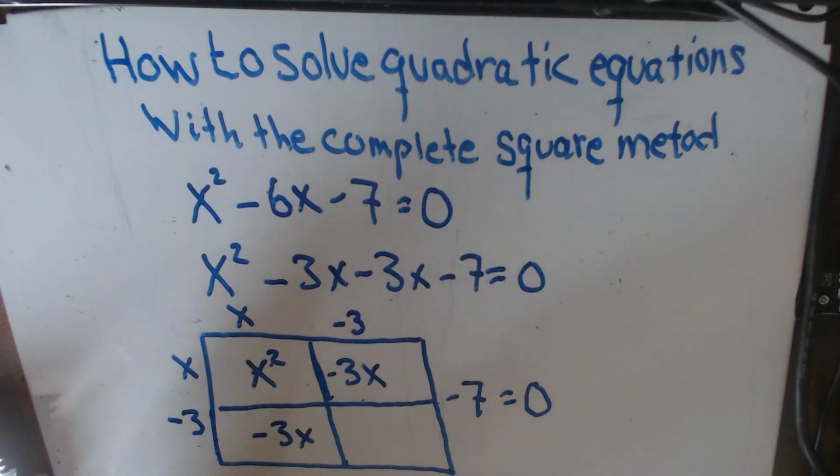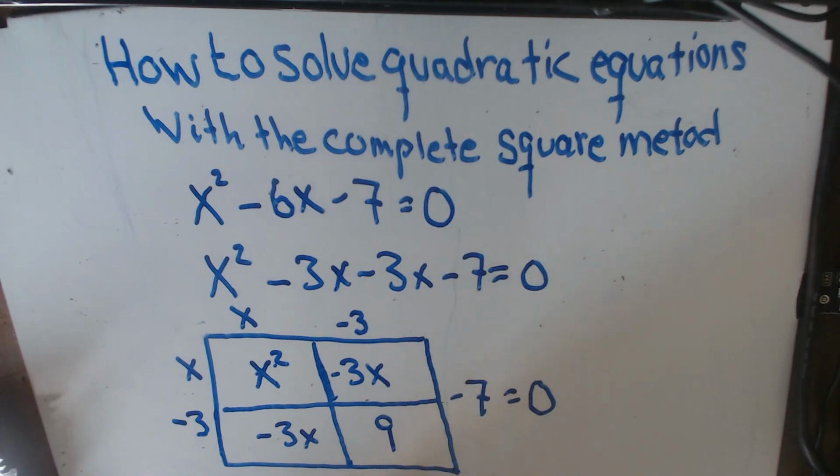So the question is how to complete the square. Well, this rectangle, you have to put 9 into it. But if you add 9 to an equation, you have to subtract that. So this one here goes to minus 9 equals 0.